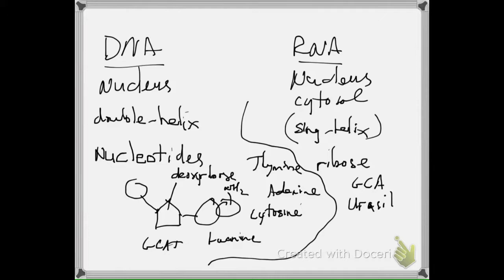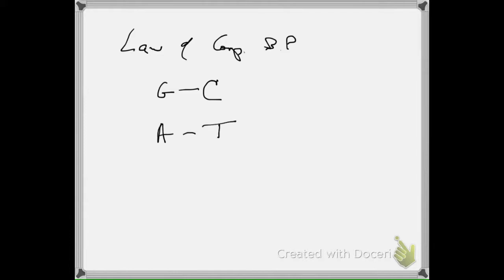What do we call that little law? This is kind of back from Chapter 2 at the very end. Kind of skipped over some of it. The law of complementary base pairing. Which basically says that guanine will always pair with cytosine. Adenine will always pair with thymine.